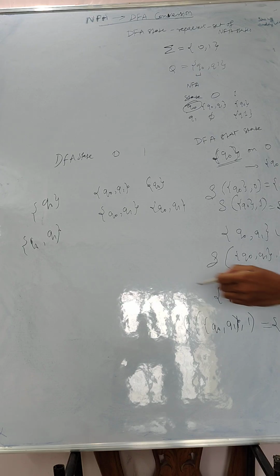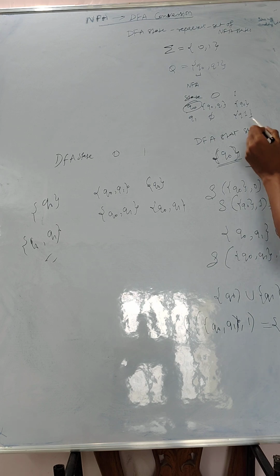So why did I get {Q0, Q1} here? That is because I have to process {Q0, Q1}. Now, the DFA state contains two NFA states, so the combined transition of both states on input 0: from Q0 on 0 will be {Q0, Q1}, and from Q1 on 0 it is empty.